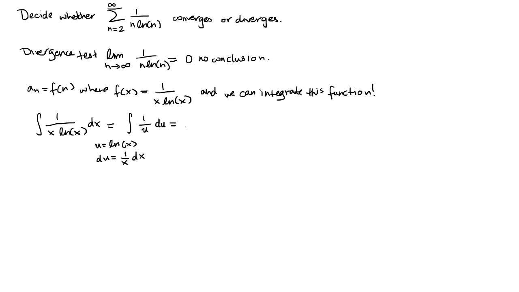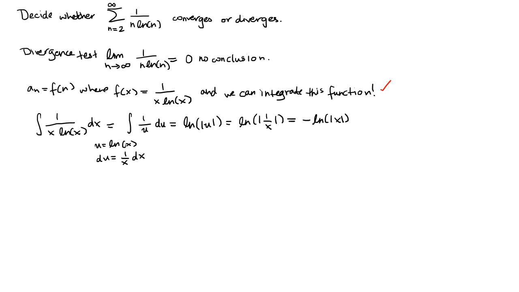And we can integrate this, we get the natural log of the absolute value of u, or the natural log of the absolute value of natural log of x. All right, so we've calculated that we can integrate this. Check.